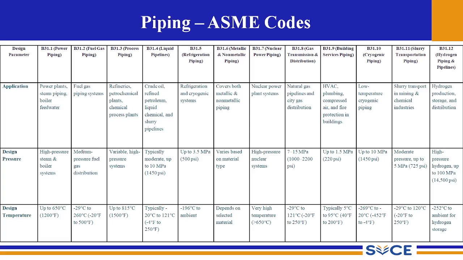The design pressure is moderate, up to 5 megapascal, and the design temperature is minus 29 degrees centigrade to 120 degrees centigrade. Then exclusively for hydrogen piping and hydrogen storage, we have code B31.12, that is exclusively for hydrogen production, storage and distribution. Here the design pressure will be high pressure hydrogen up to 100 megapascals, and the design temperature is minus 252 degrees centigrade to ambient for hydrogen storage.